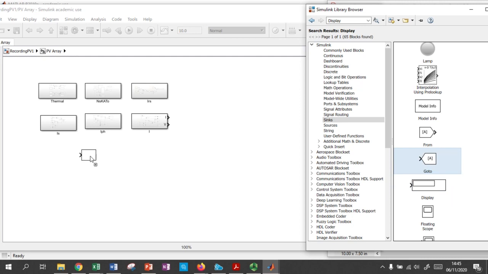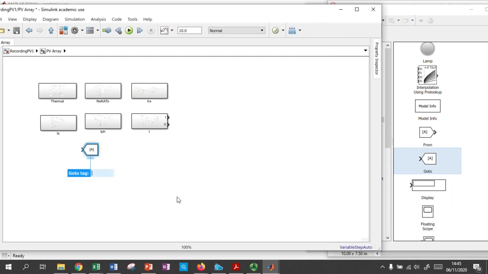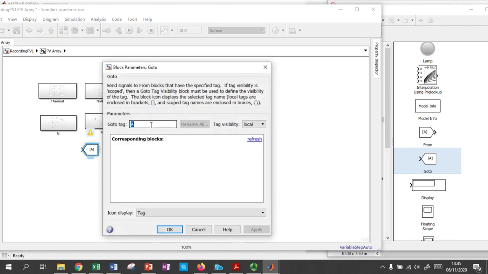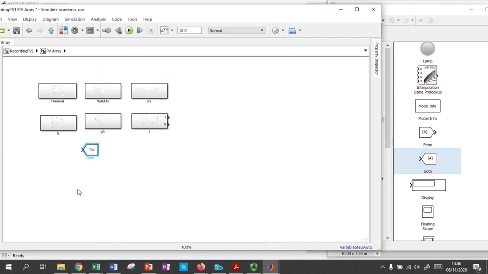Then if we define these blocks like this one, we can find that, for example, this is for T. This one can be considered as an input operating temperature in centigrade, and it should be global. We can find it here.